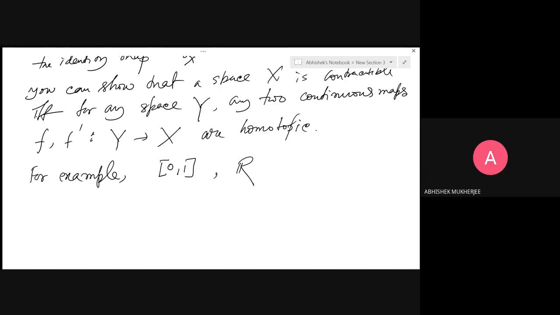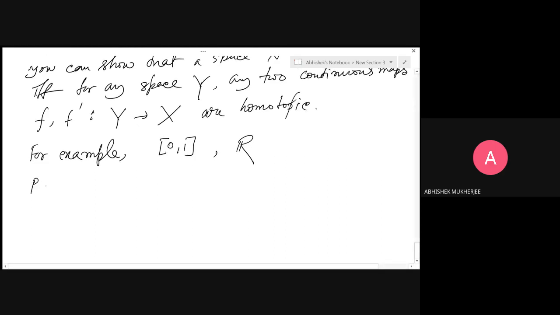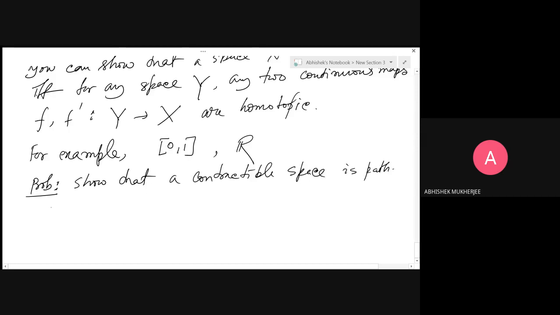So these are some basic problems. I can write down the problem for your exercise: show that a contractible space is path connected. And once you write this problem, you will definitely have the converse one.